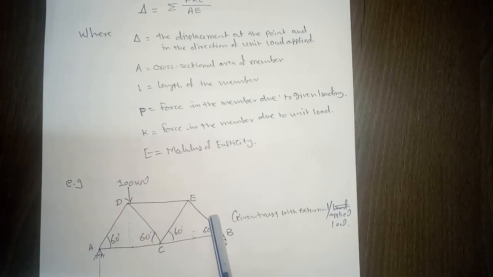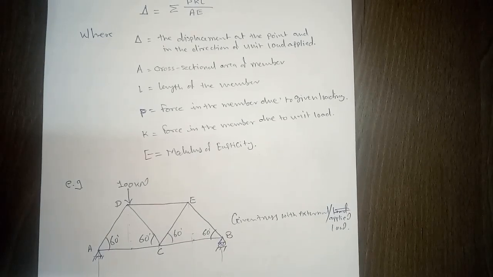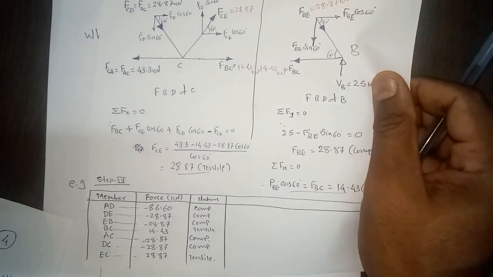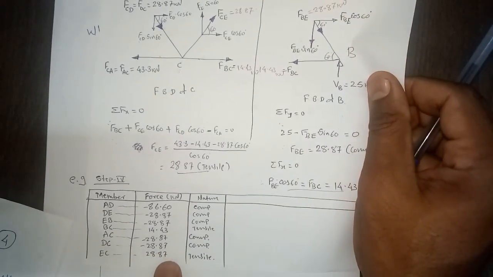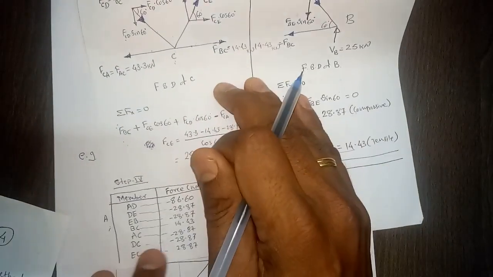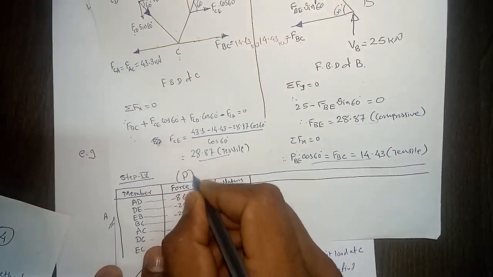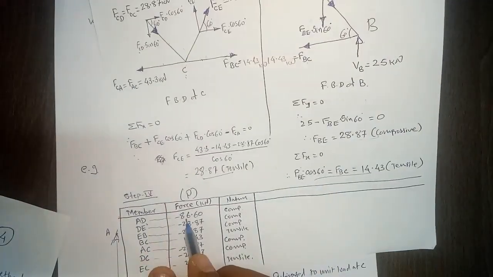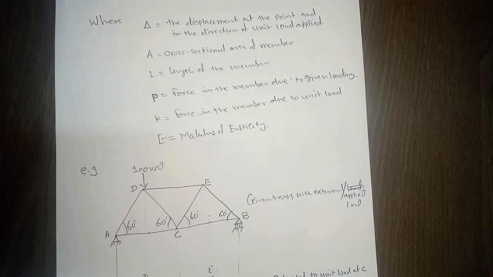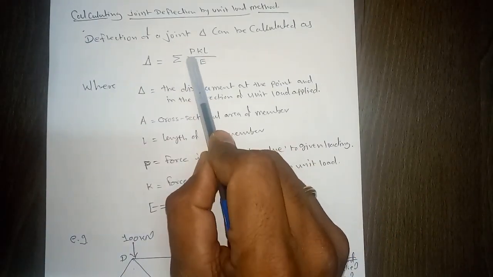You should analyze the truss like we did just now and calculate the force in each member, which we already calculated here, right? This table is nothing but the P forces. For each member you should calculate this P value. Some books write F instead of P.